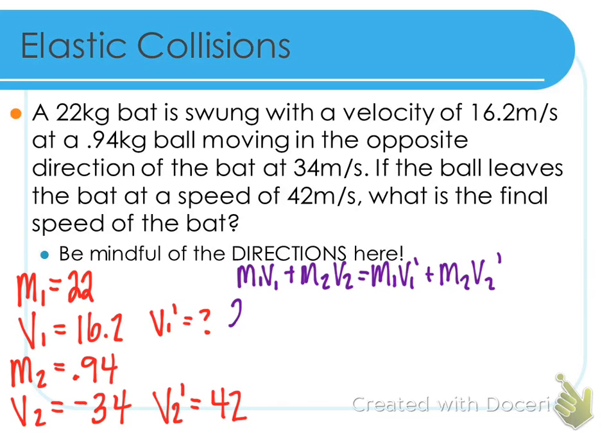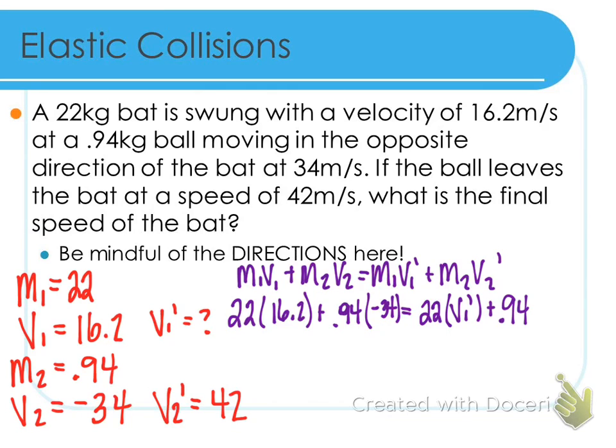Mass of our first object is 22, velocity is 16.2, plus mass of our second object is 0.94, velocity is negative 34. Then we go back to our first object, which is our bat. We're solving for v sub 1 prime. We know v sub 2 prime is 42 meters per second. So now I'm going to start plugging the math in.